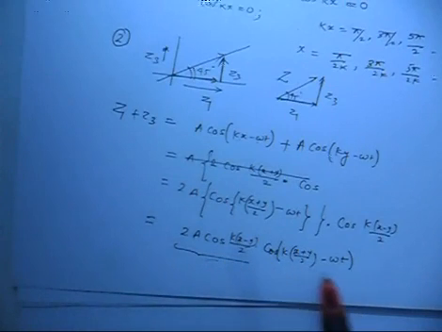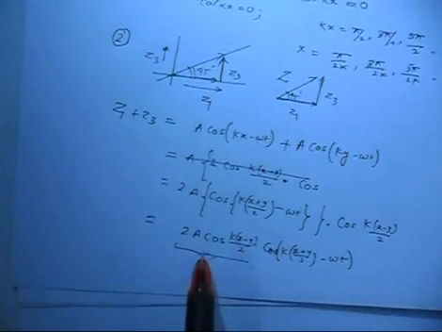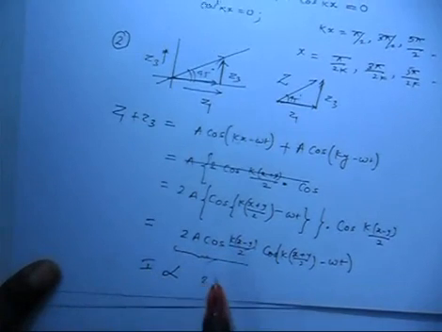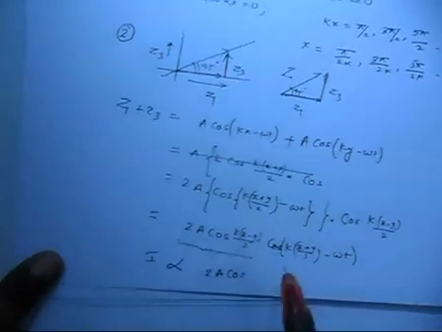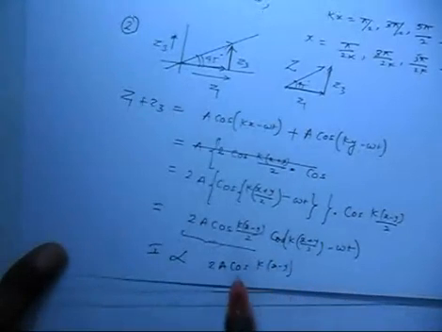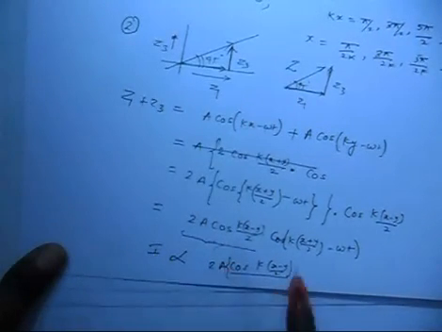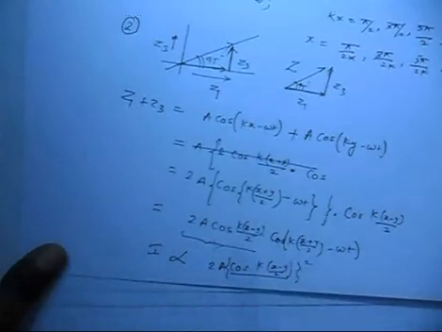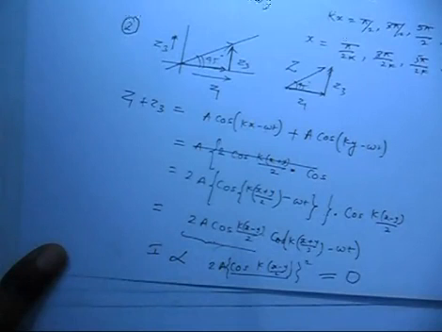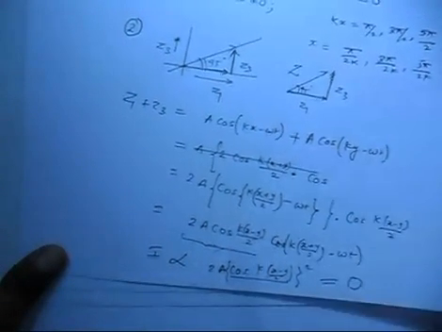So intensity is proportional to the square of this term: 2a cos(k(x minus y)/2) whole square. For minima, the resultant intensity is 0, so cos of k(x minus y)/2 whole square equals 0.